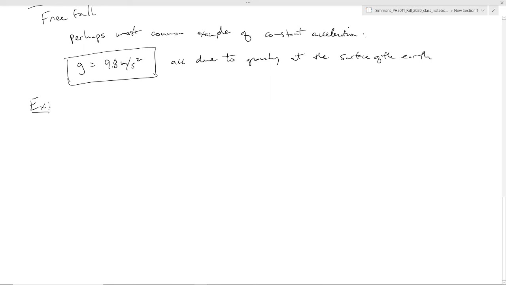So the example that I want you to consider is dropping an object from the observation deck of the Sears Tower.